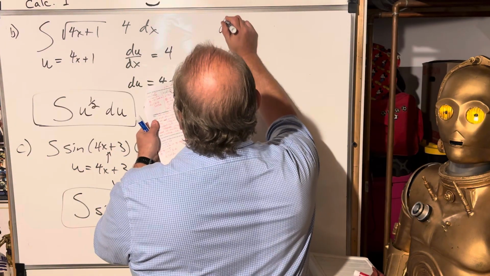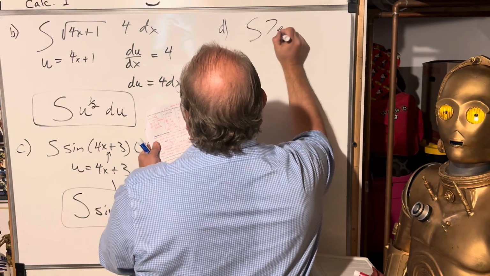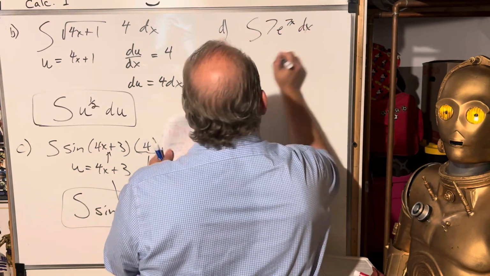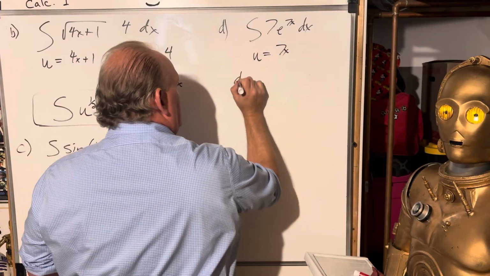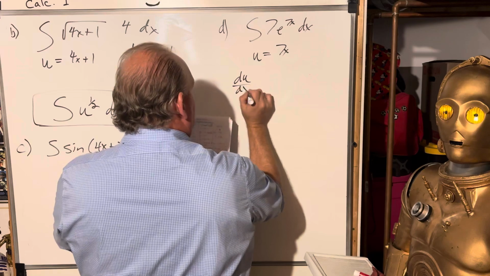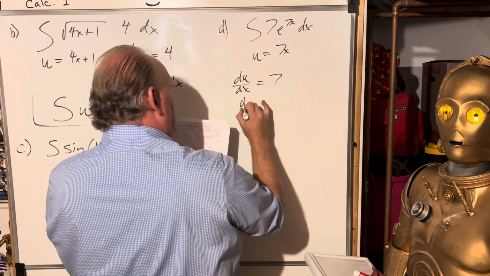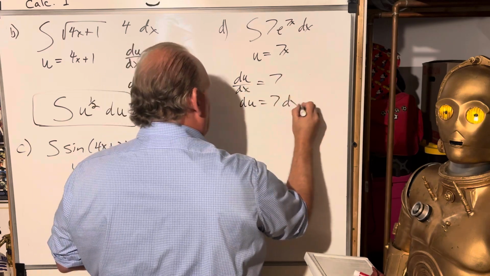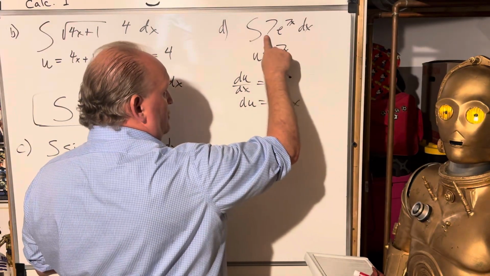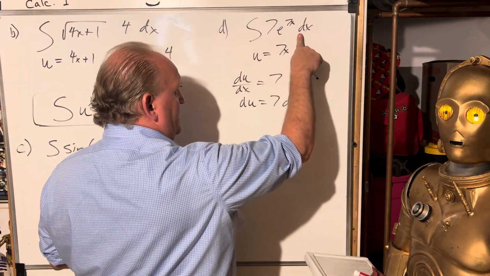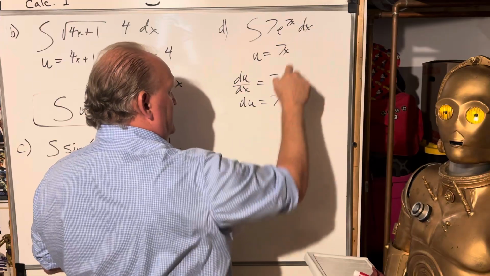Let's look at D. We have 7e to the 7x dx. So we're going to say u is equal to 7x. Du dx is equal to 7. So du is equal to 7 dx. And I have that. They don't have it in order, right? They have 7 up there. But I can rearrange this.